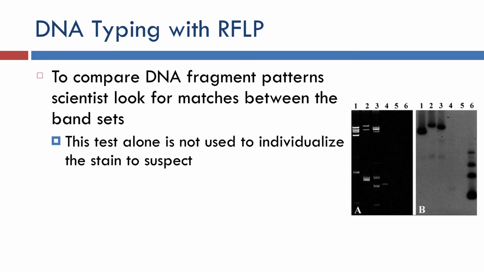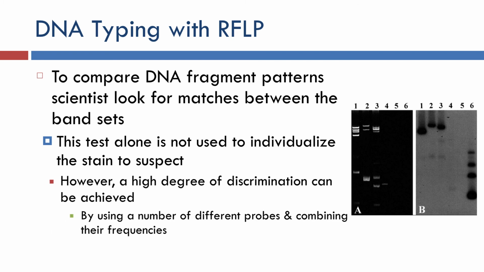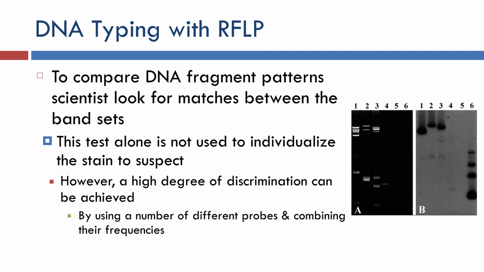With DNA typing using the RFLPs, they compare DNA fragment patterns to known fragment patterns. So what they're looking for are matches between the band sets. Alone, one set of band sets can't be used to individualize a stain to a suspect.